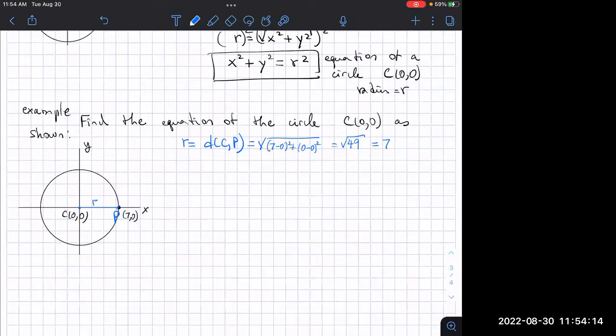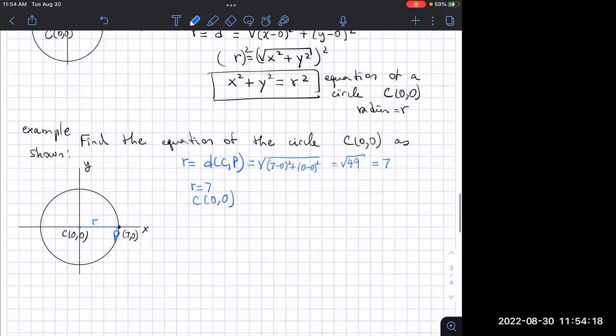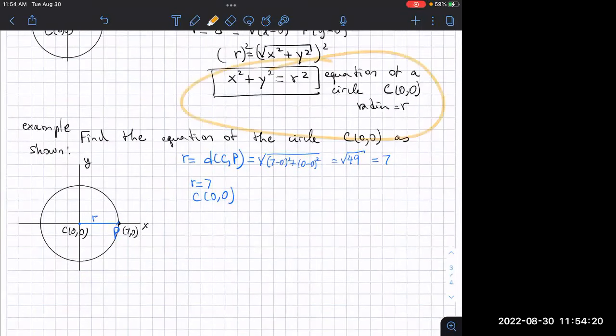Okay, so then the radius is 7, the center is 0, 0. So what is the equation of the circle? It's going to be x squared plus y squared equals r squared, where r is 7.